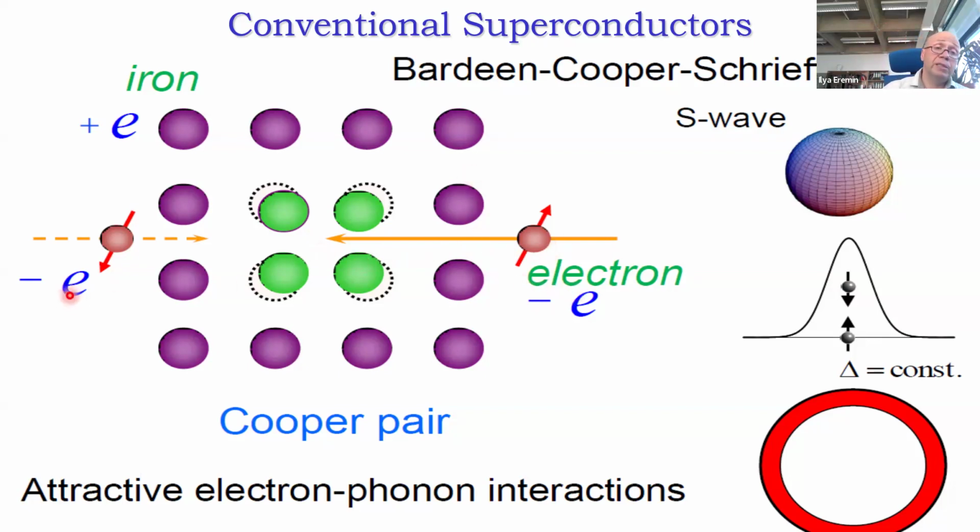The first electron introduces a local deformation, and the second electron follows after a long time. This is important: it is the retardation effect, that this attraction due to the phonons can only occur over a long time period. It will yield the formation of bound pairs, which is known by now as a Cooper pair.